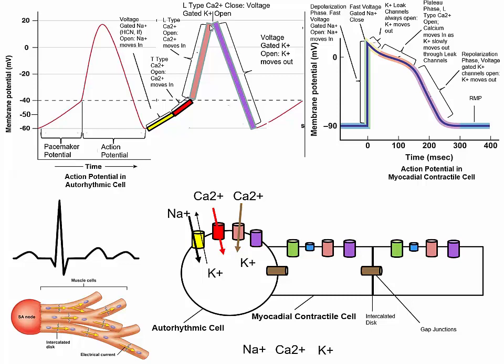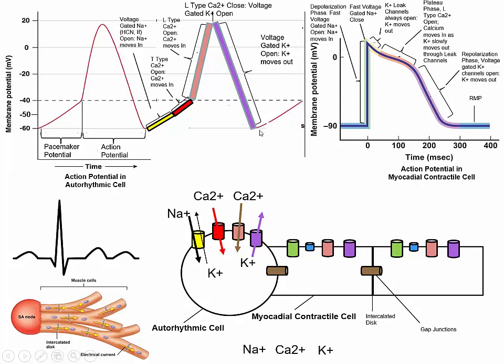Once that L-type calcium channel has slammed shut at positive 20 millivolts, you have voltage-gated potassium channels opening up. When those potassium channels open, potassium is going to flow down its electrochemical gradient, but it's going to go from the inside of the cell to the outside. And during that, those positive charges leaving are going to repolarize this back down to minus 60 millivolts.